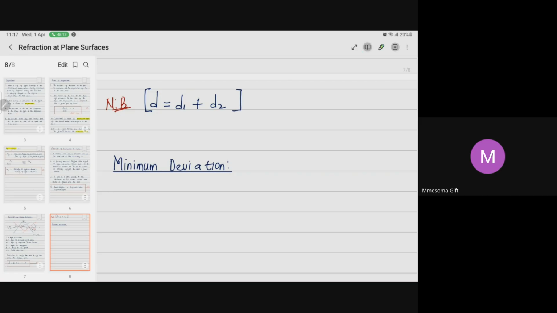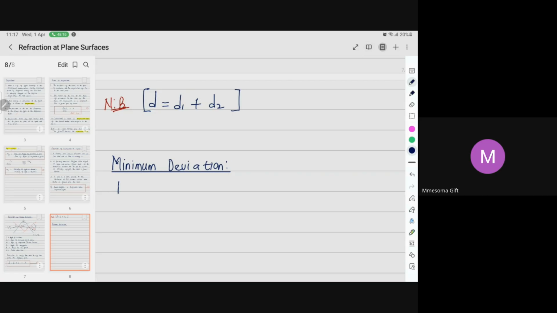So now let me write it down. Your minimum deviation, in bracket, your senior secondary school fees is called DM, is the smallest possible deviation that light can experience when passing through a prism. And that's where the question will always come from.